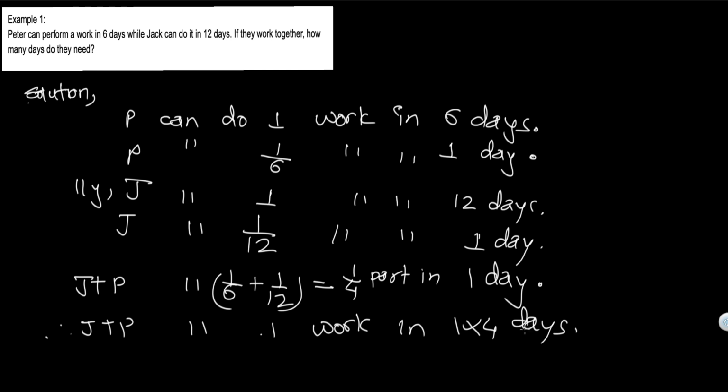If you work for more days, you will accomplish more work, so it is a direct relationship. If we multiply this item by 4, we'll get one whole work, and we did the same thing on this side by multiplying 4 for the days. In this way, if Jack and Peter work together, they will complete the work in 4 days. That will be our answer.